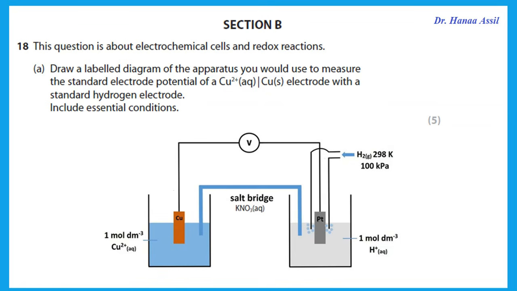On the other half cell, we're trying to measure the standard electrode potential of what? We have copper ions, and the copper ions in the solution should have a concentration of 1 mole per dm³. And we need a copper electrode, and of course all of this is connected with a wire that has a voltmeter, and the solutions are connected by a salt bridge, which is usually saturated potassium nitrate solution.